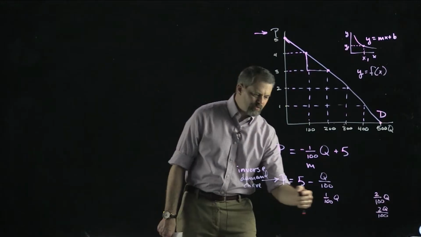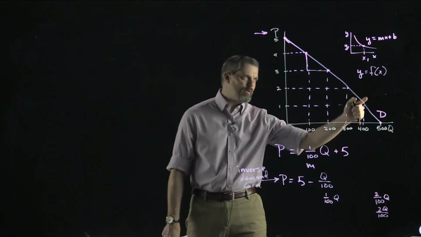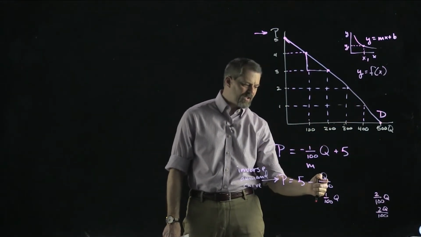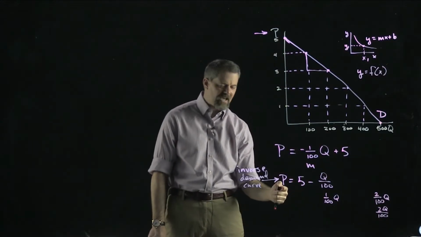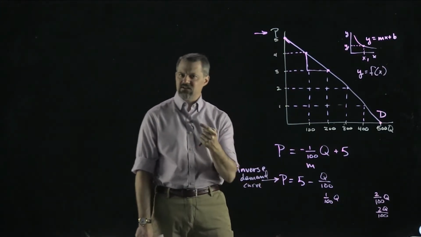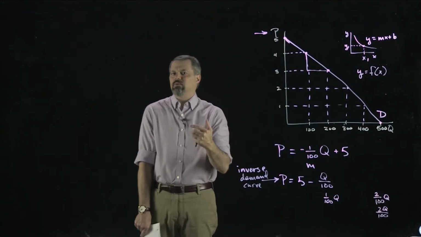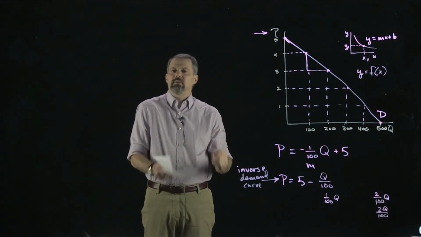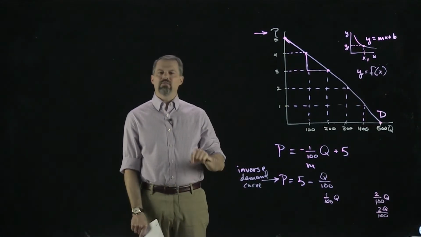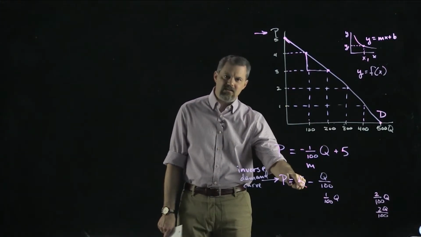If this was treated the same way, we would pick q first and plug q into our function, and out would pop p. But that's not the story I just told you. It's not the way we think about human behavior. So we've got to invert that demand curve.